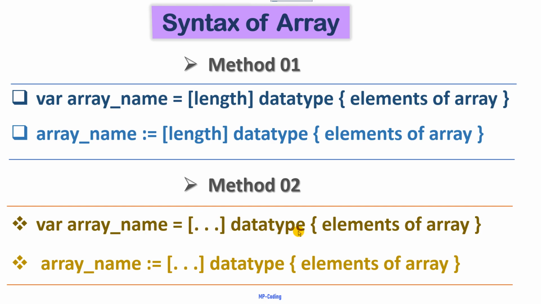Here the data type, and here the elements of the array. This is the short way to create an array in the second method, and it includes the array name and this special character. Also here we didn't specify the length of the array, then the data type, and here the elements of the array. Okay, that's fine.